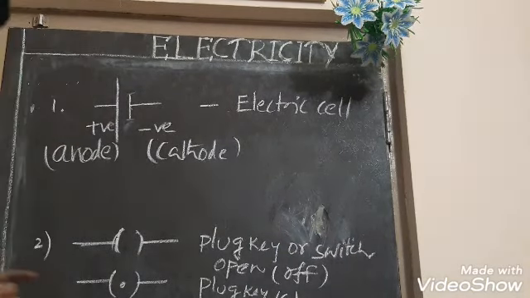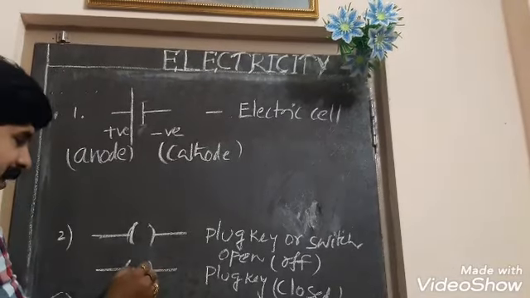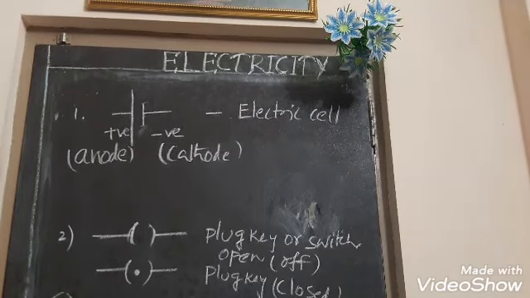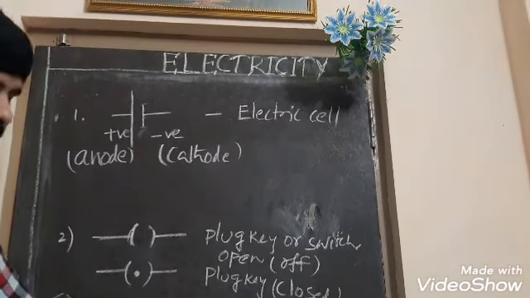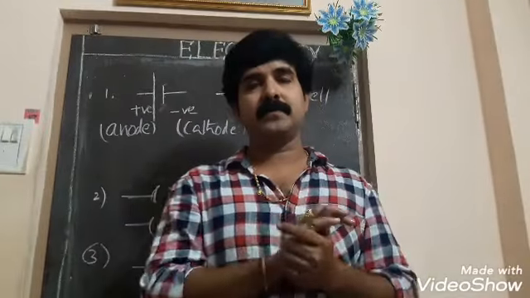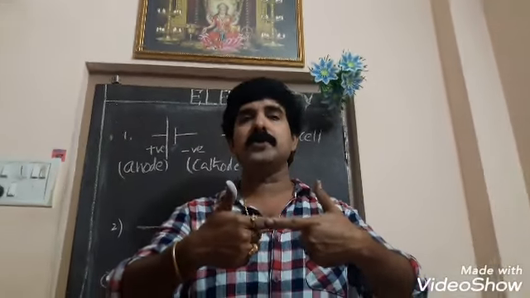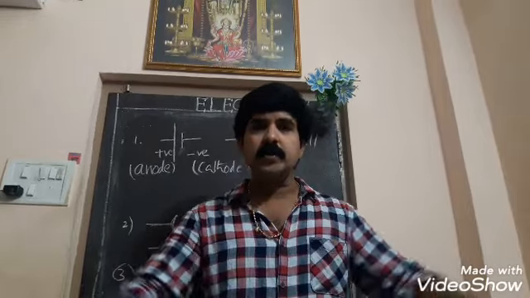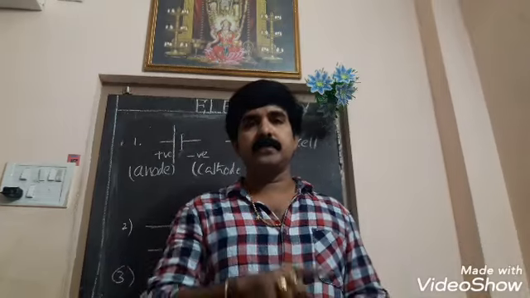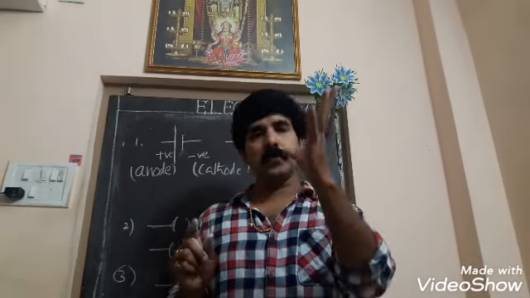Okay. Next you see, when these brackets have a small dot, this refers to a plug key which is closed. So the switch is in on position. The circuit is closed. When the circuit is closed, the current is passing throughout the circuit, which means the bulb glows.